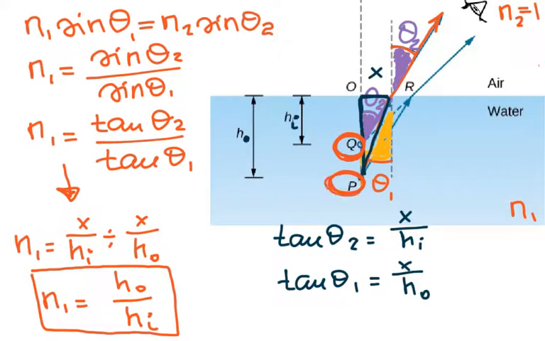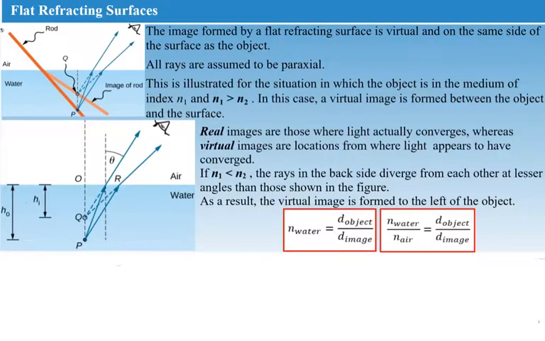Point P is where the fish is, but point Q is where the fish appears to be. So maybe I'll just make it look like a fish. And the formula is the h of the object divided by the h of the image. And this is what we have in our lessons.